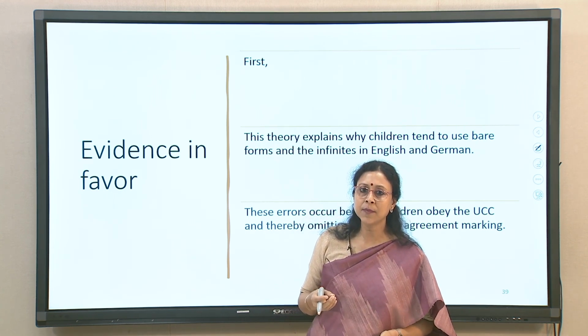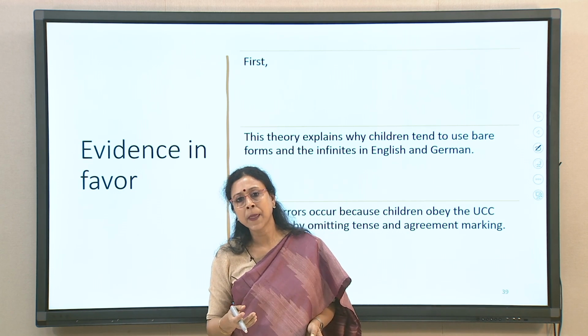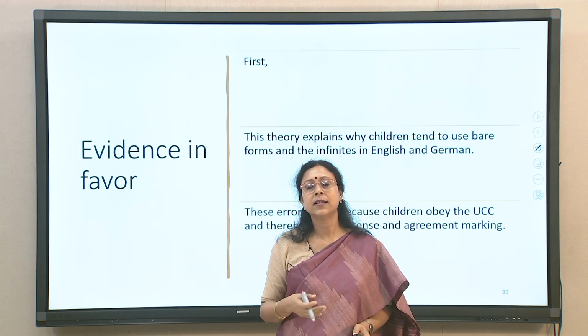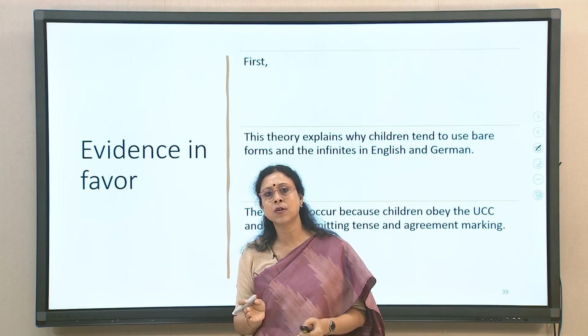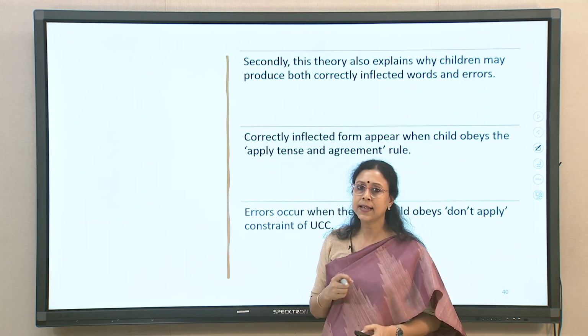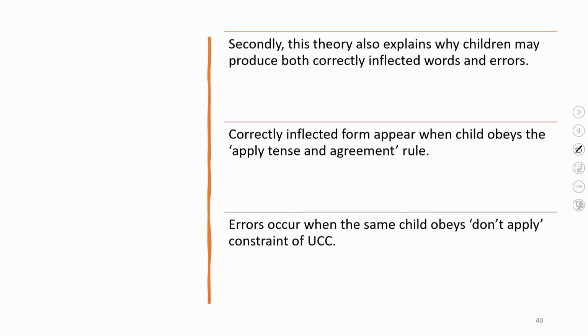The errors occur because they obey the UCC and thereby omit the tense and the agreement marking. Therefore, they are sticking to the infinitives or the bare forms of the words. Secondly, this theory also explains why children may produce both correctly inflected words and errors.